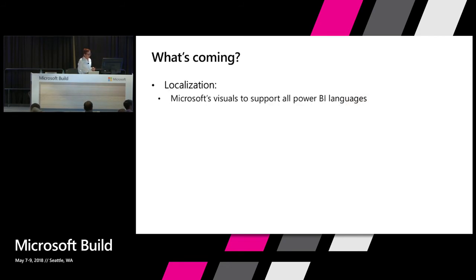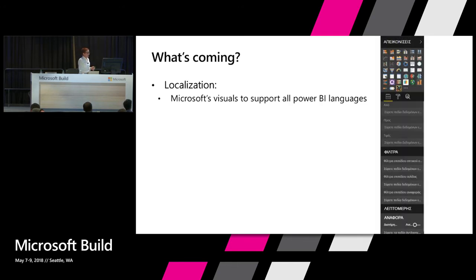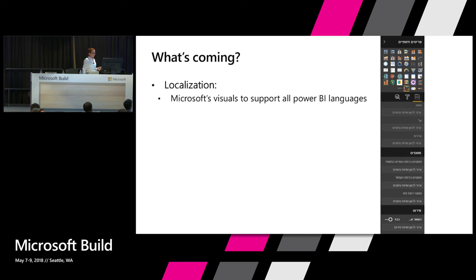And another feature that we are working on and is going to be released soon is localization. So all the Microsoft visuals, the in-house custom visuals, are supporting full localization on all Power BI languages, which are 44 languages. This is, for example, for Greek and Hebrew.